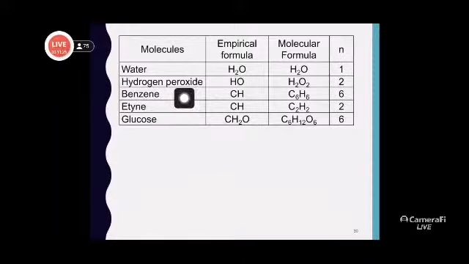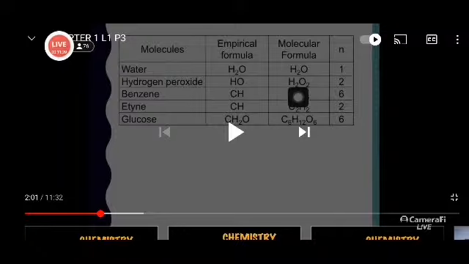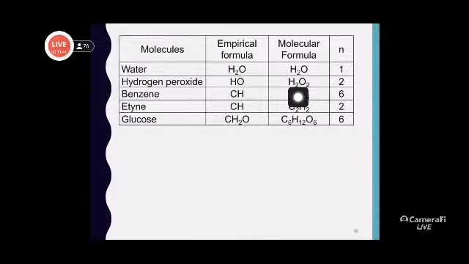Now let's look at the second example, hydrogen peroxide. The simplest formula is HO, while the molecular formula is H2O2. N tu kita perlu tahulah, pasal kita nak mencari kita punya molecular formula. Normally dia beri jisim ataupun dia beri percentage.